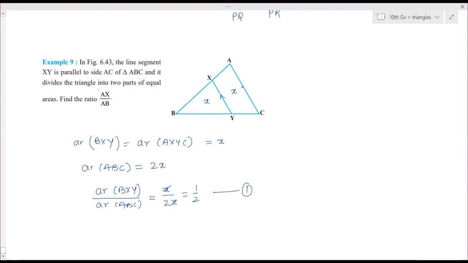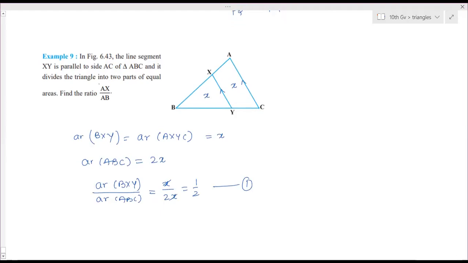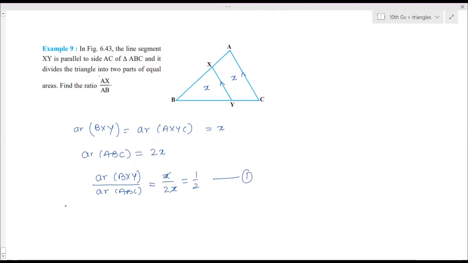Now XY is parallel to AC. So can you show BXY and BAC similar? Is it possible to prove? Ma'am, because they're parallel, the ratio of the sides will be equal and angle B is common. So this angle is equal to this angle, corresponding angles.